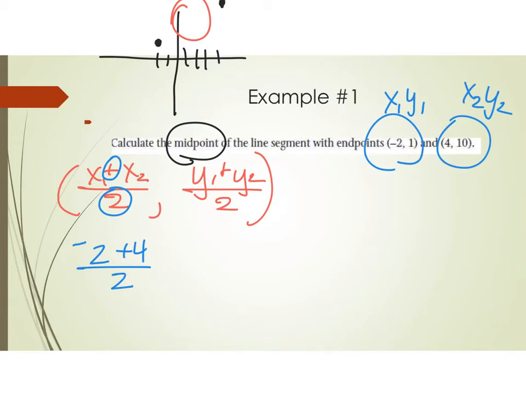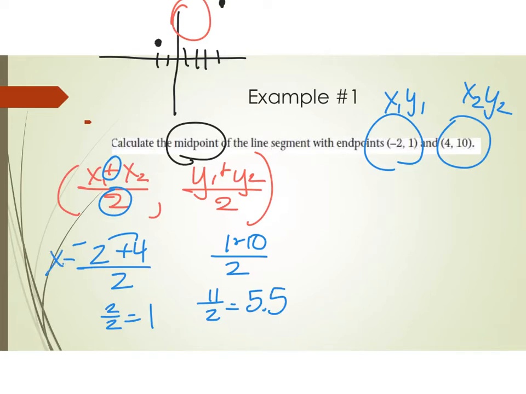That would give us, order of operations, 2 over 2 is 1. Our y values will be 1 plus 10. I'm going to divide that by 2. 11 over 2. Ta-da, fraction or decimal, big deal, 5.5. These are your x values. These are your y values. So we just found the midpoint, 1, 5.5.